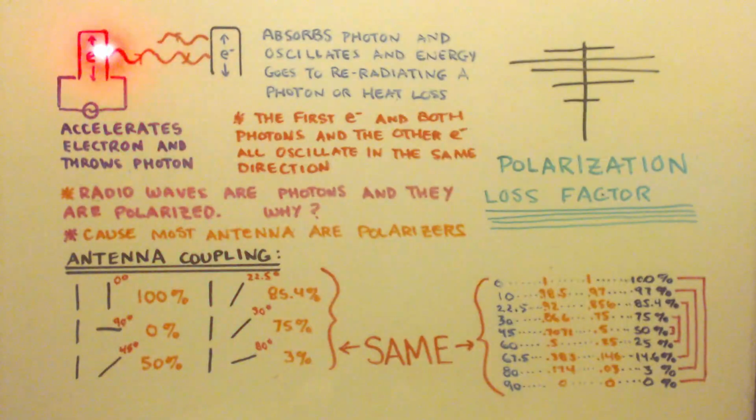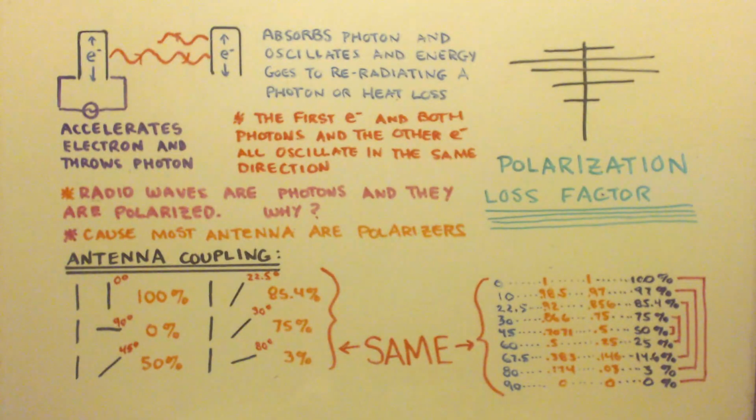So look at that. It comes out, right? This right here, boom, boom, boom. And what I want you to realize is the electron's going up and down, and the light that comes out oscillates in the exact same way. If the electron's going up and down, then the electric field on this photon, this radio wave, is going up and down in the same way.